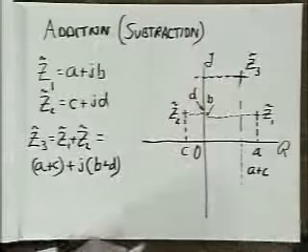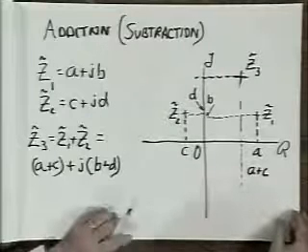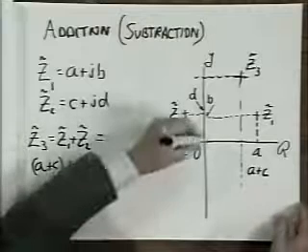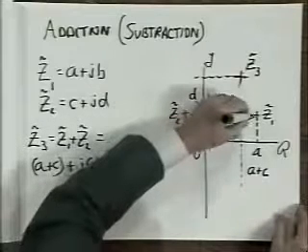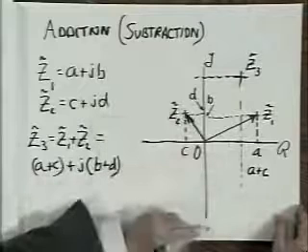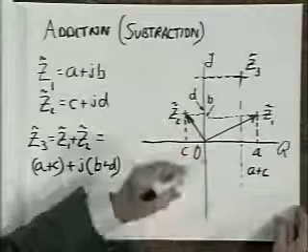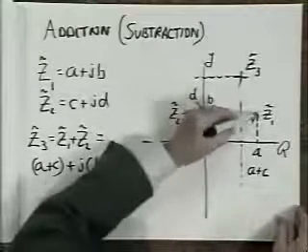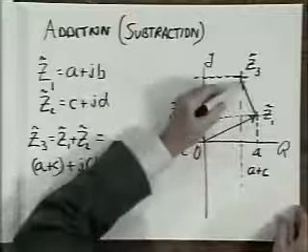One way of thinking about the process of addition or of subtraction is to imagine it as the addition of vectors. That is, if I draw the vector corresponding to z1 and the vector corresponding to z2, and then translate the vector z2 to the end of z1 and stick it on there, keeping it parallel to its original position and its original length.